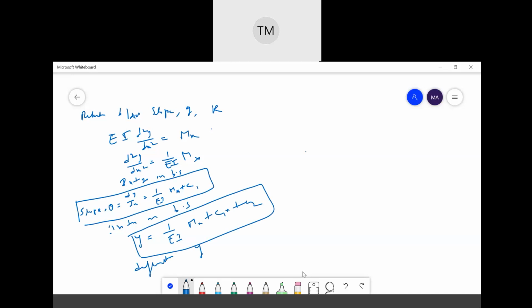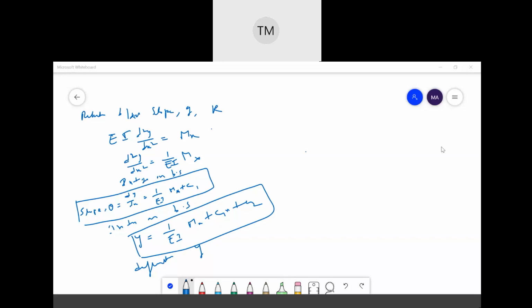In this manner, we'll solve the slope and deflections. In the same manner, we'll solve slope and deflections.